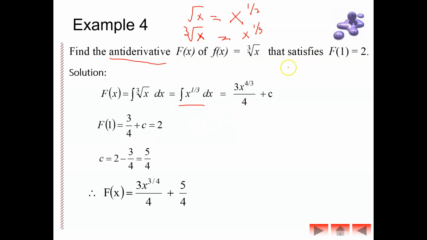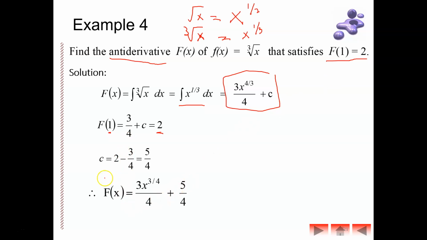And then, it says that it satisfies f(1) equal to 2. So we substitute x with 1. Now you have this answer, right? You substitute the 1 into this function, and you equal it with 2, because that is the condition given.